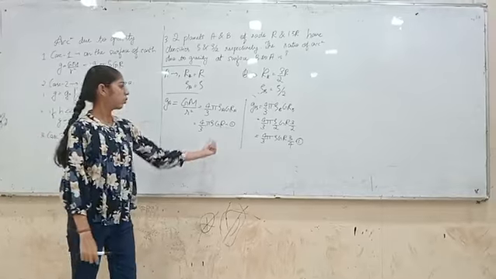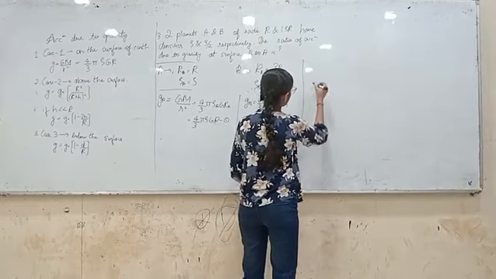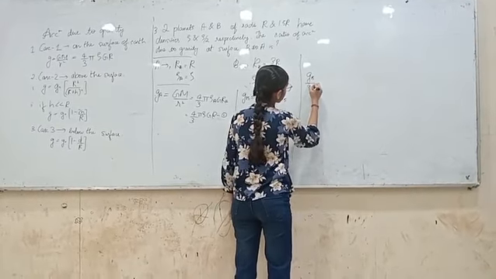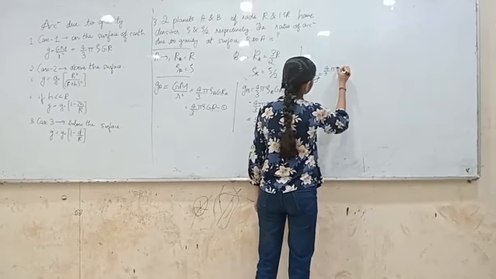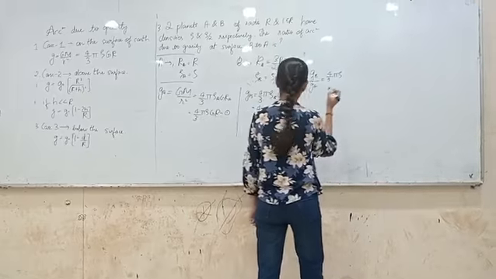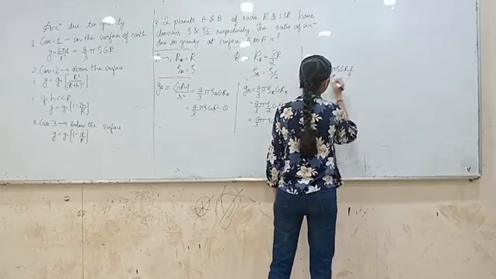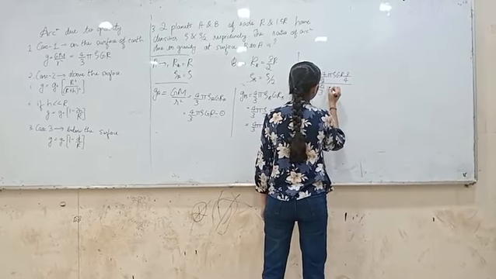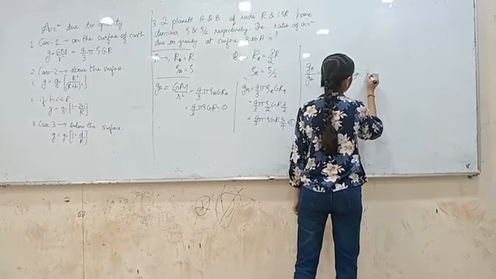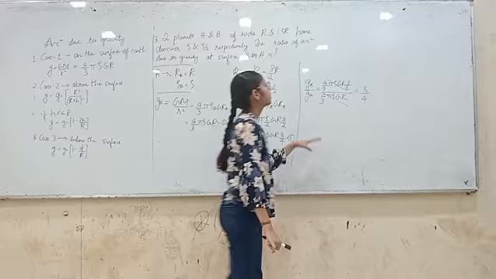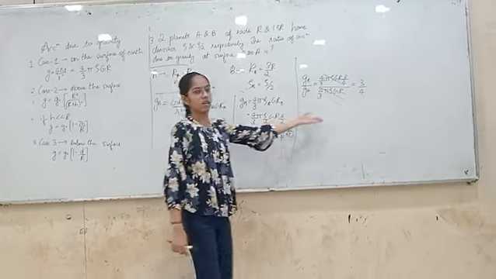Now from equation 2 and 1, we need to find the ratio of g B and g A. So here we get the ratio of acceleration due to gravity at the surface of B to A as 3 by 4.